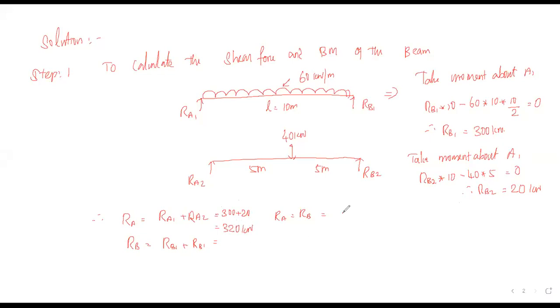So RA is equal to RB, and the total reaction is 320 kilonewton. Now we have to go for the moment. RA is equal to 320 kilonewton and RB is equal to 320 kilonewton.